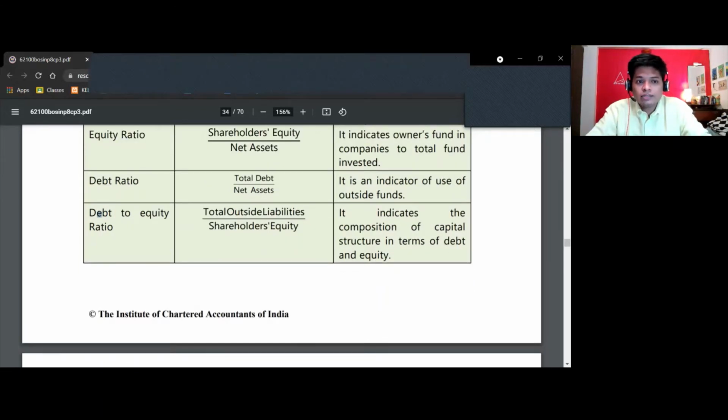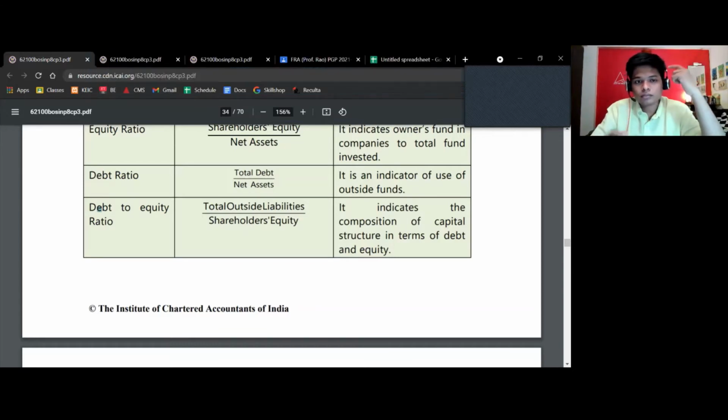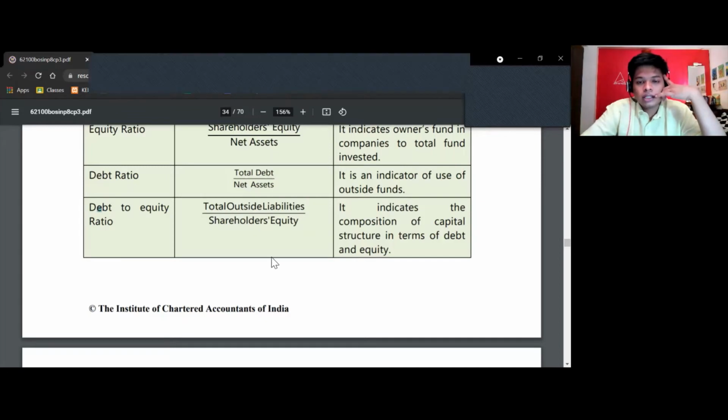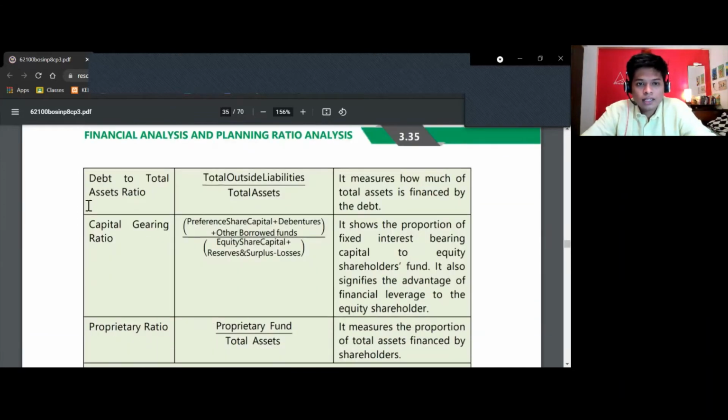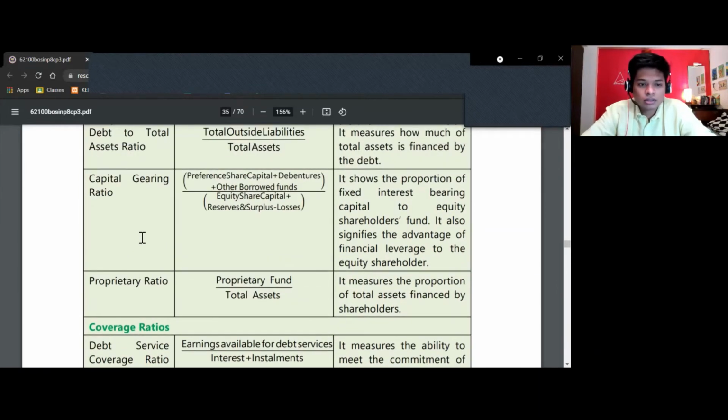With the debt equity ratio, an investor will ideally want very little debt, because debt is a fixed financial burden. So investors and debt securities holders both will want a very low debt equity ratio. Debt to total assets is not really that important, so you can read it, but it's not really important.